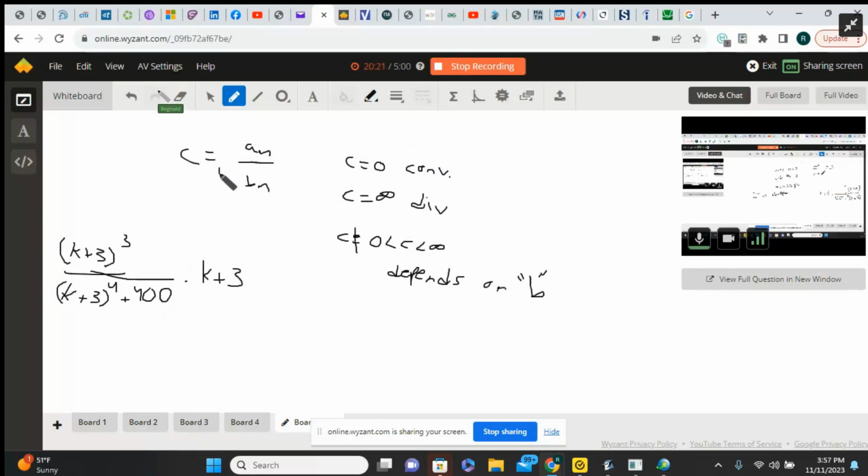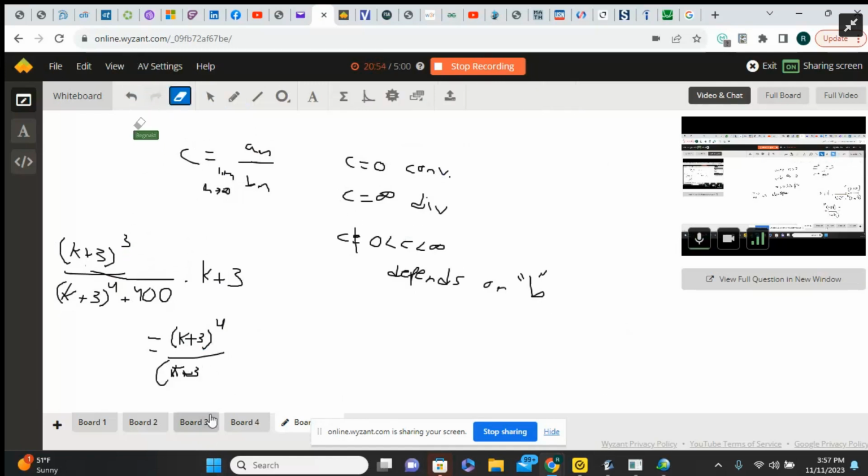I forgot to add this as the limit as n goes to infinity. Okay, so k plus 3 times k plus 3 to the third, that's k plus 3 to the fourth, over k plus 3 to the fourth, plus 400. I'll make that a little neater for you.